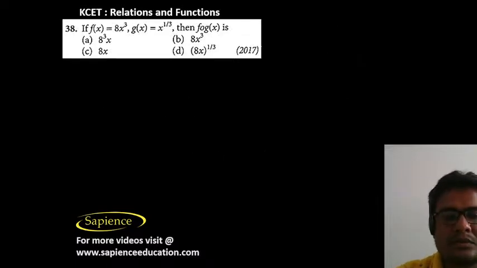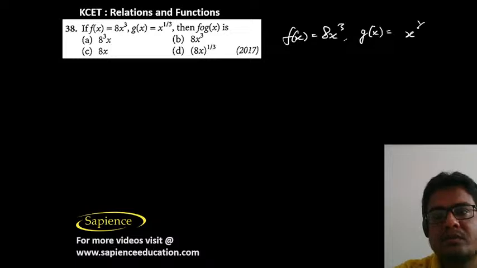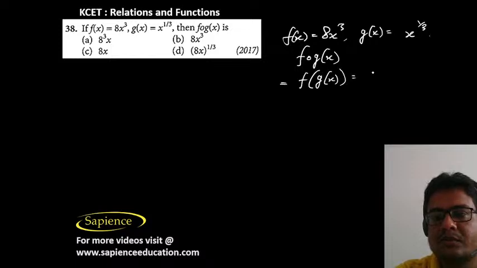Then the next question: f of x equals 8x power 3 and g of x is equal to x power 1 by 3. We have to find f of g of x. So we have to do 8 into g of x whole cube.